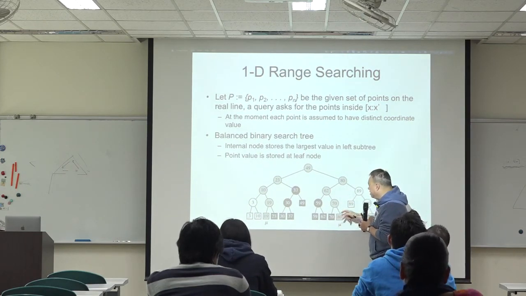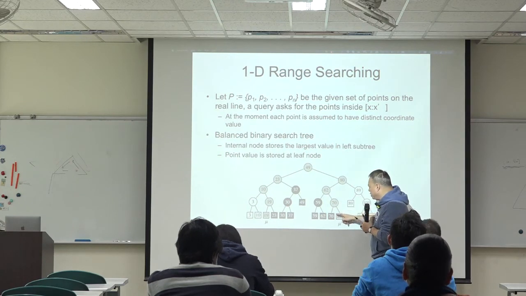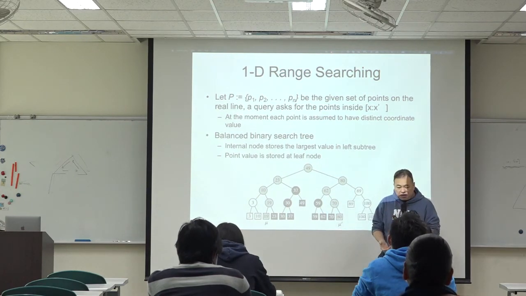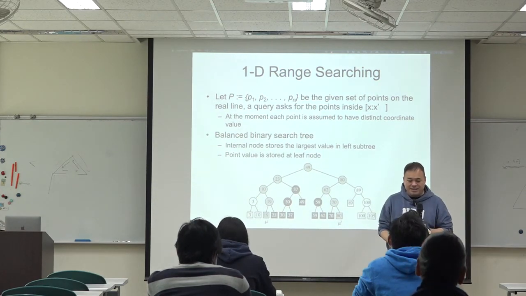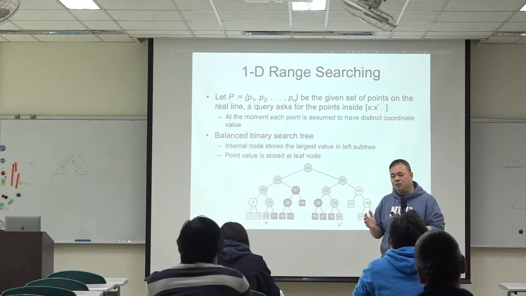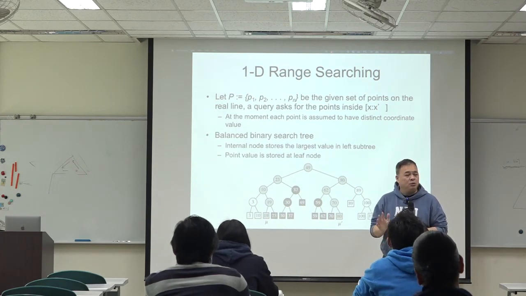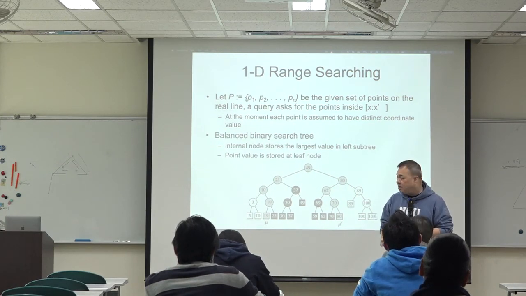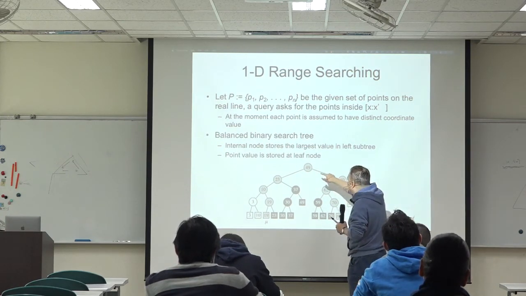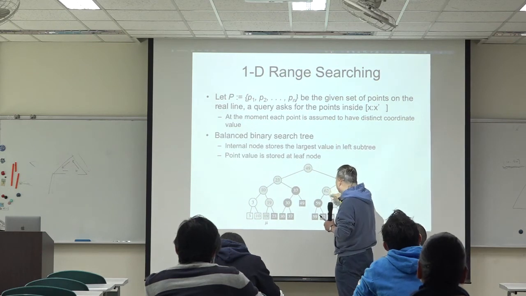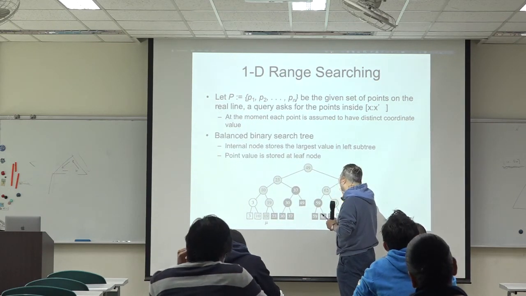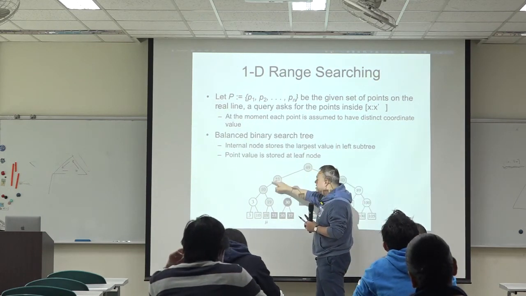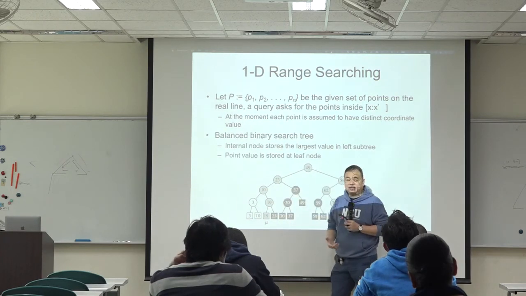70, okay? But now you reach the leaf node. 75 is less than 80, so you don't report 80. But you do need to check this leaf node, right? The gray node here means the node you need to do the comparison with.